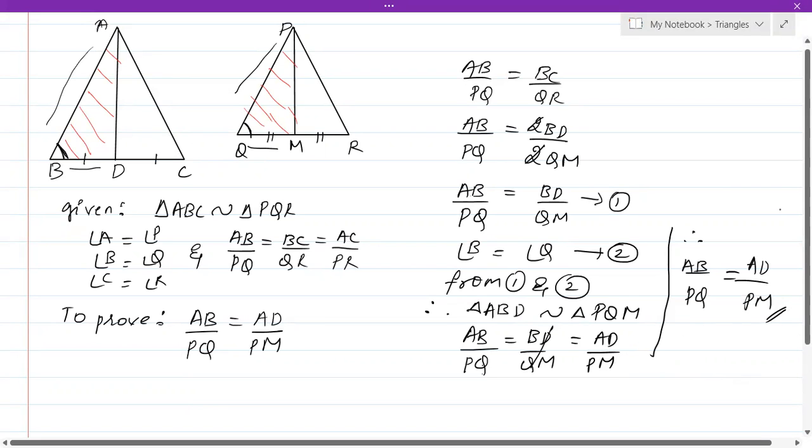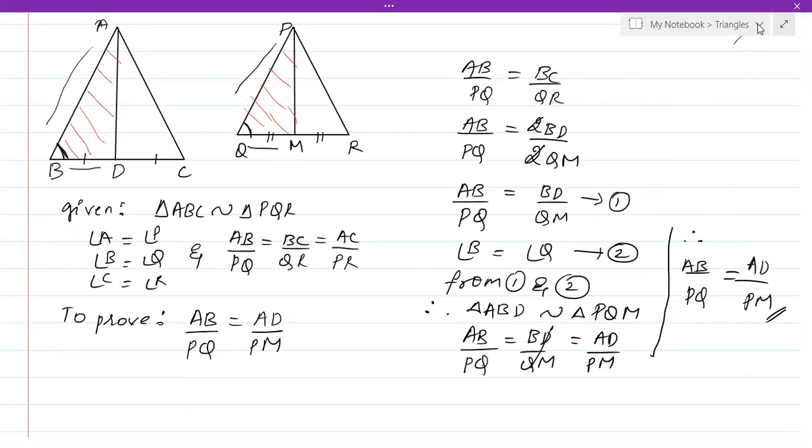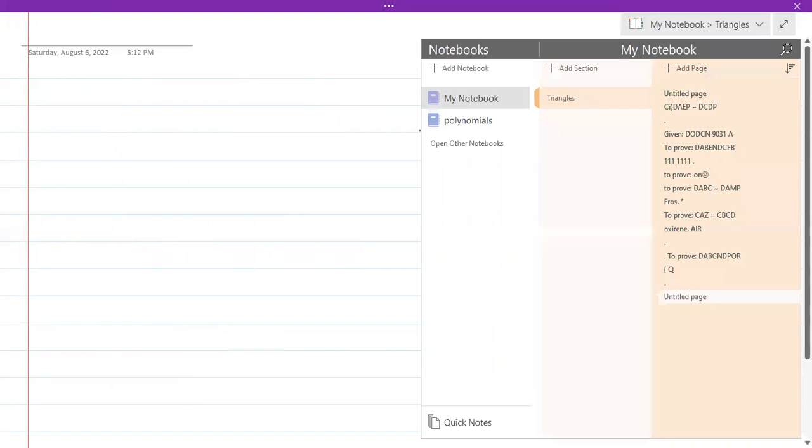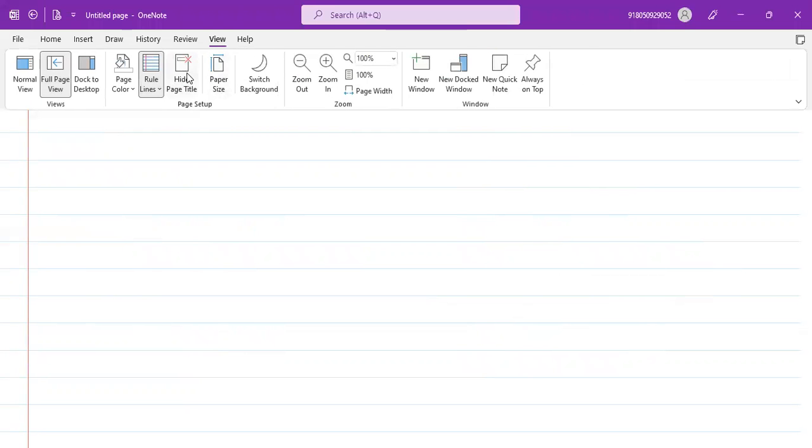So let's recapitulate what we have done so far. It will be a good revision. You can see there were three types of problems. One was problems based on AA criteria. Suppose the question is like this: prove that triangle ABC is similar to triangle PQR.